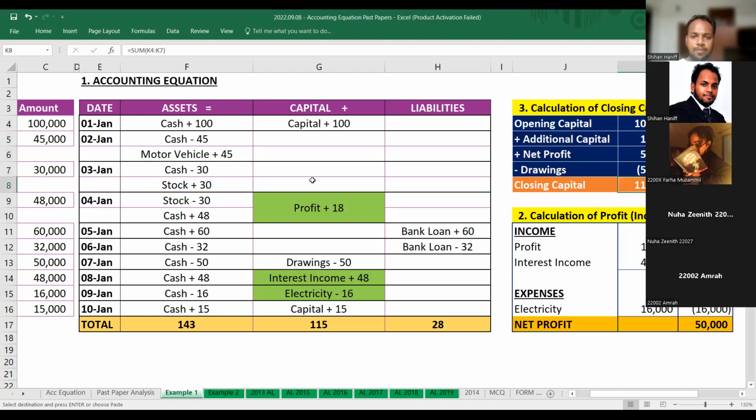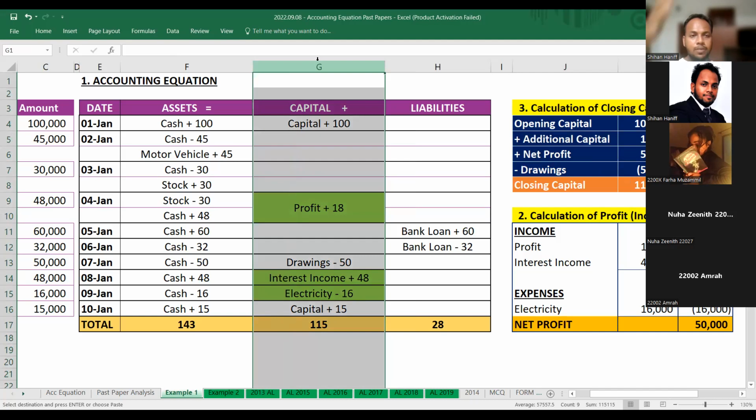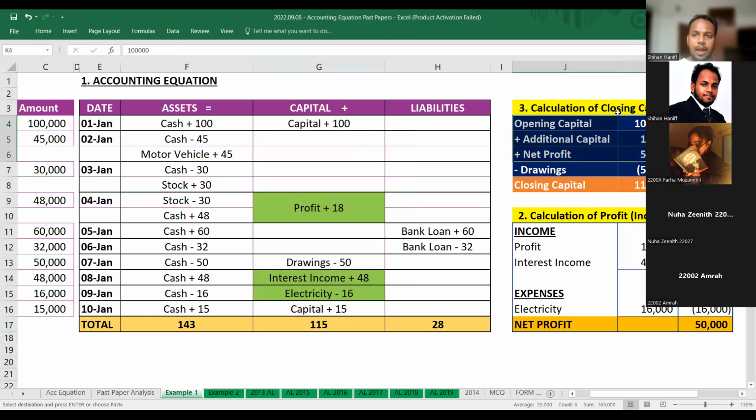Closing capital is 150, the same thing which is in the capital column. We have taken a summary calculation of closing capital. Opening capital plus additional capital plus net profit minus drawings will be the closing capital. You can write this down.